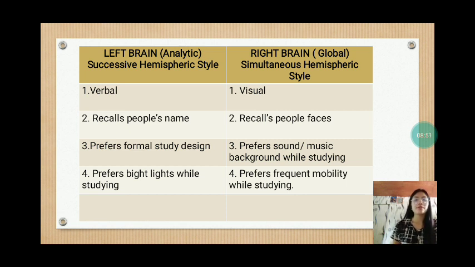Third, the left brain person prefers a formal study design, and the right brain person prefers sound or music in the background while studying. If you like having music in the background while studying, or you absorb your lesson better with music in the background, then you are a simultaneous hemispheric style, a right brain person.